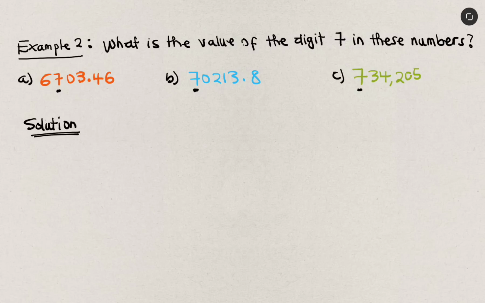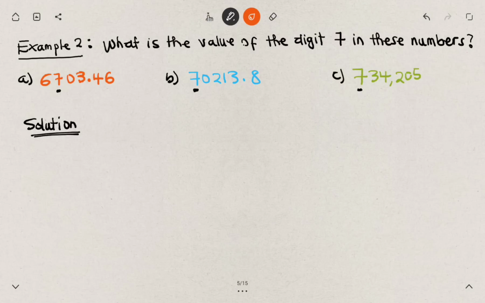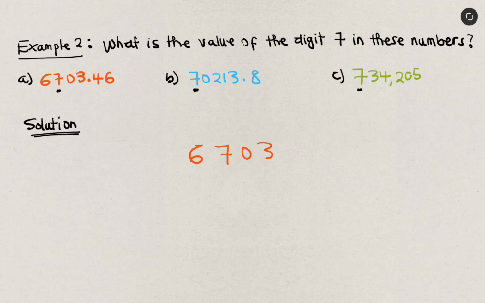As always, the first thing we'll do is to write down the numbers and assign the place values to them. So let me use the orange color. The number we have here is 6703.46. This is a point or dot, not a comma. There's a difference.